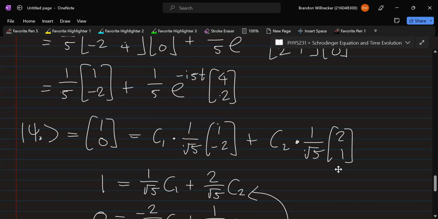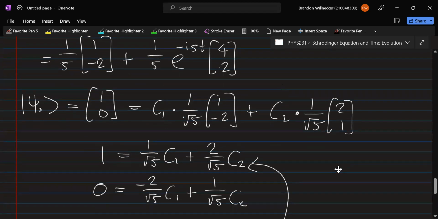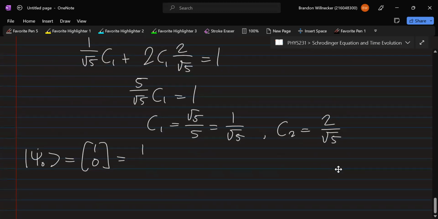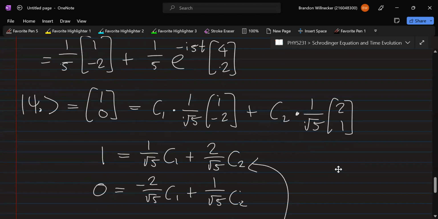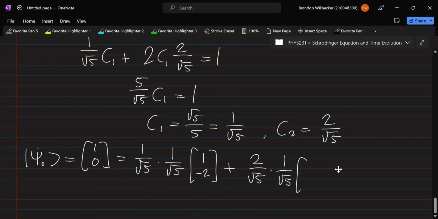So it's going to be 1 over root 5 times 1 over root 5, and then it was (1, -2), that was for the first state vector, plus 2 over root 5 times the 1 over root 5, and then we had (2, 1), for the second state vector.